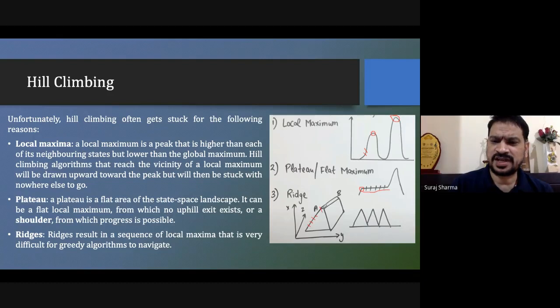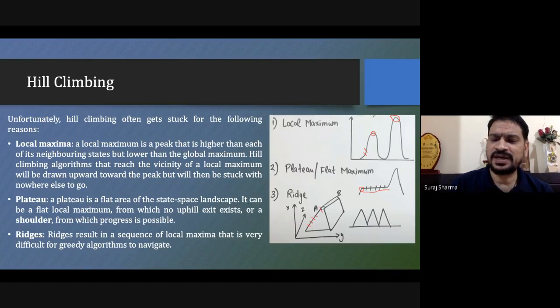Once you reach the state, the path further is flat. So you cannot go here, right? But at the same level, there is a point B. Definitely the value there is more than this value because it is going upward. But the hill climbing algorithm cannot change the direction. It cannot change the direction. So it will not go there.